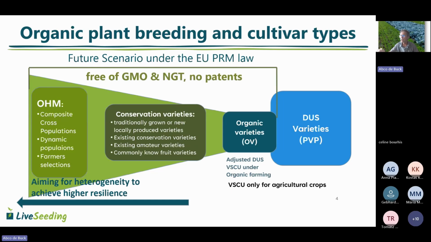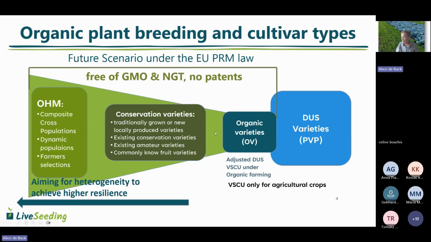So this is the future scenario which is under construction in the PRM law. Another category is the conservation varieties, consisting of the existing conservation varieties. The existing amateur varieties are also placed under this category, as well as commonly known fruit varieties and traditionally grown or new locally produced varieties. So for conservation varieties and OHM varieties, no registration is required, just a notification.